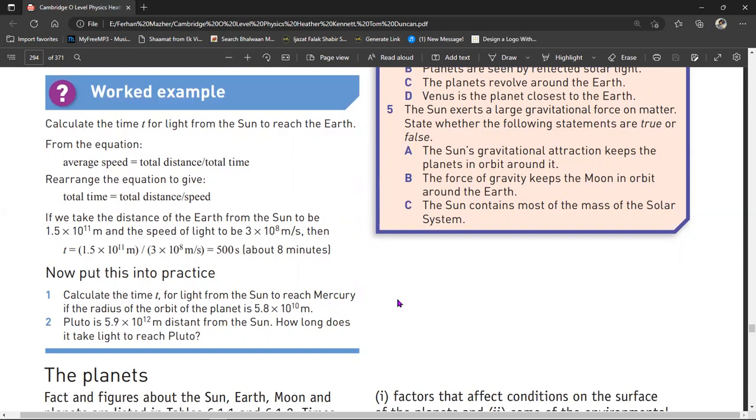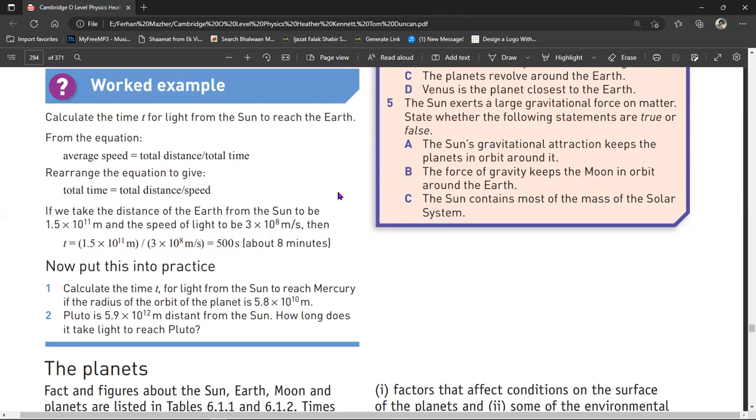If we take the distance of the Earth from the sun to be 1.5 × 10^11 meters, and the speed of light to be 3 × 10^8 meters per second, then the time will be 1.5 × 10^11 divided by 3 × 10^8, which equals 500 seconds, about 8 minutes. Here we have some questions for practice.